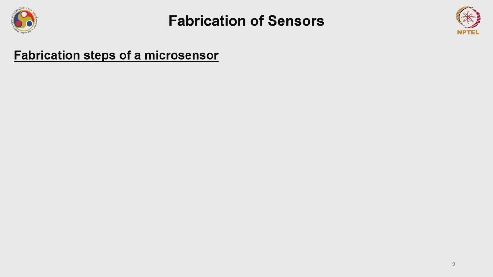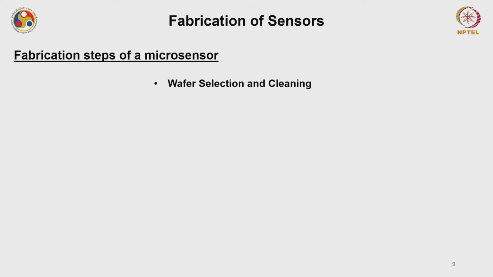So let us see the typical fabrication steps of a microsensor. The first step in fabrication is wafer selection and its cleaning. The wafer is the main part on which our sensor is mounted, or on top of which you fabricate your sensor.